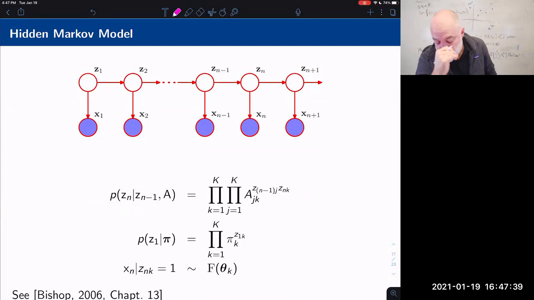So we'll start with a model called the hidden Markov model. How many of you know hidden Markov models? A few, sort of, maybe. Okay. So a hidden Markov model is the absolute workhorse of probabilistic programming, so you should be comfortable with it.